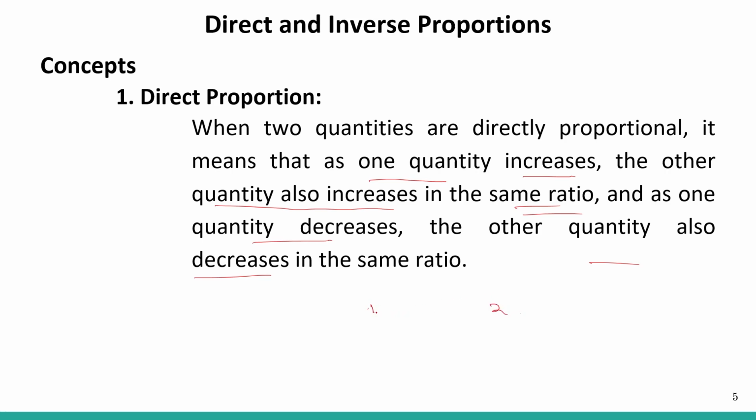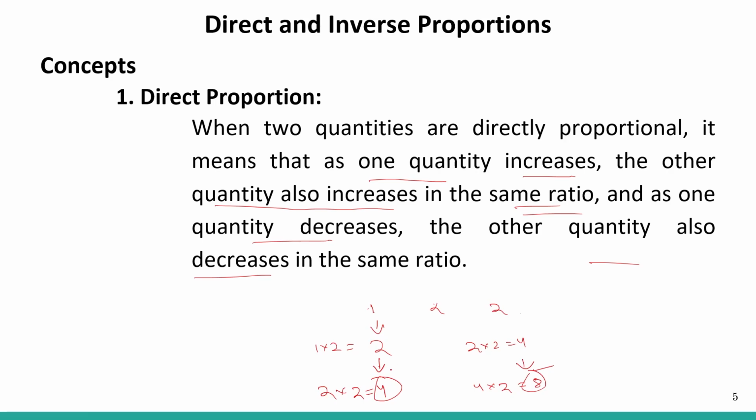If 1 becomes 1 into 2, that is 2, then 2 will become 2 into 2, which is 4. If I again multiply by 2, the 2 becomes 4 and the 4 becomes 4 into 2, that is 8.